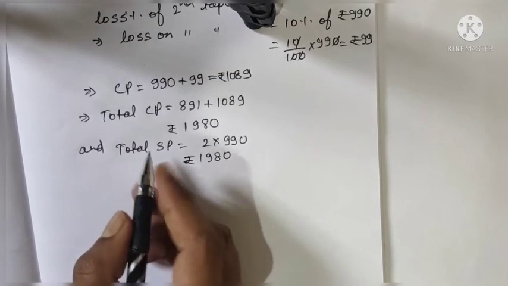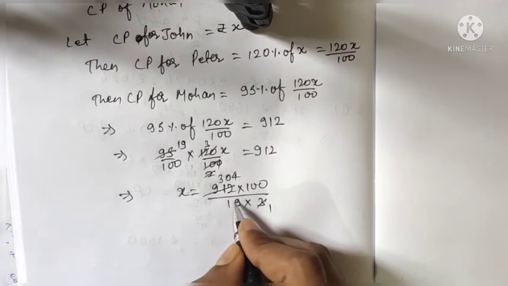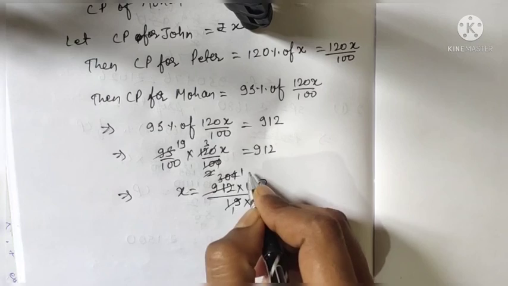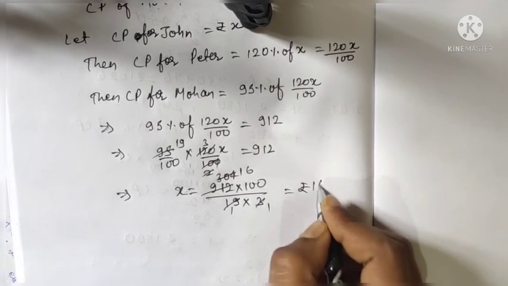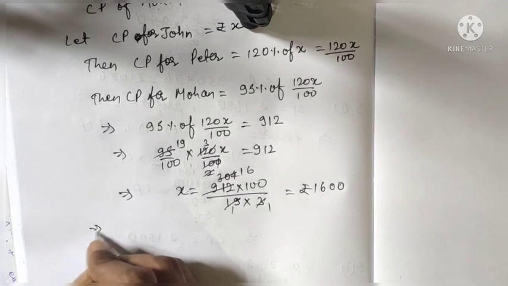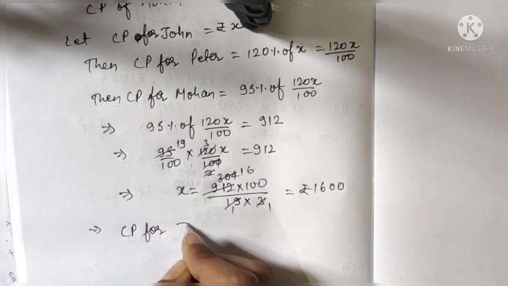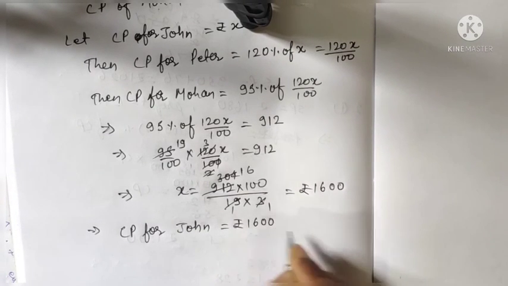Since 19 1s are 19 and 11 is the remainder here, 114, 19 6s are 114, so 16 into 100 becomes rupees 1600. That implies CP for John is equal to rupees 1600. You have your answer.